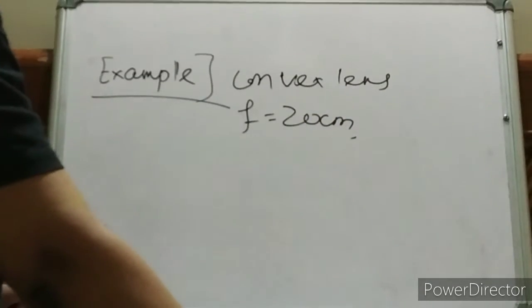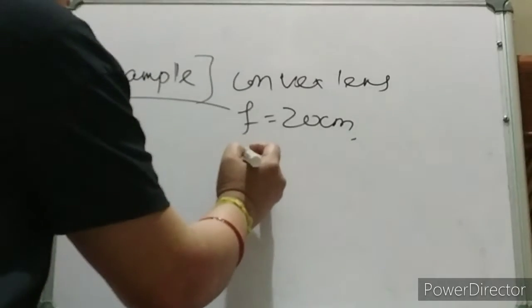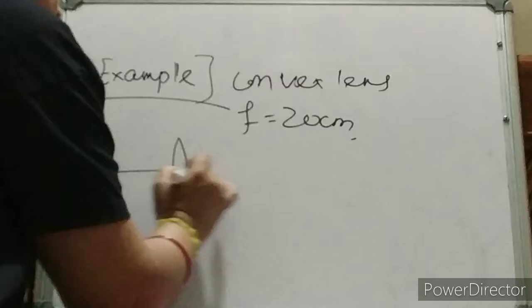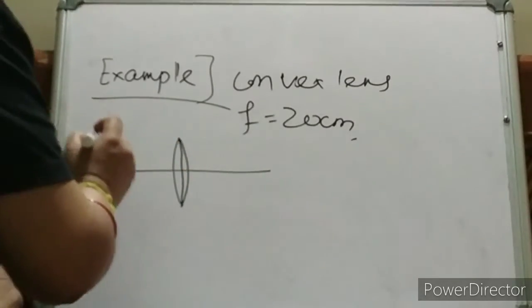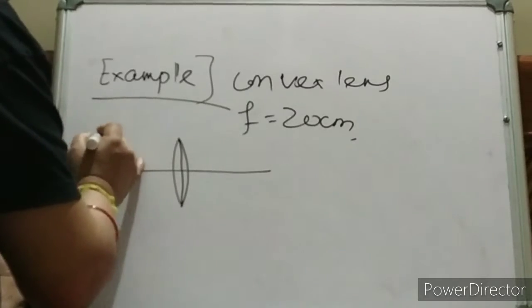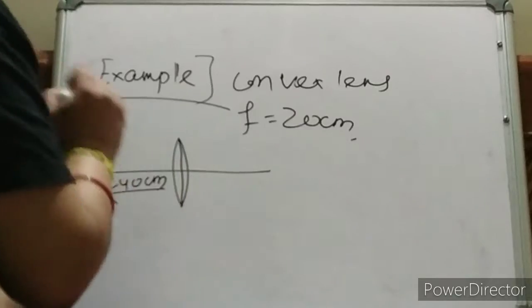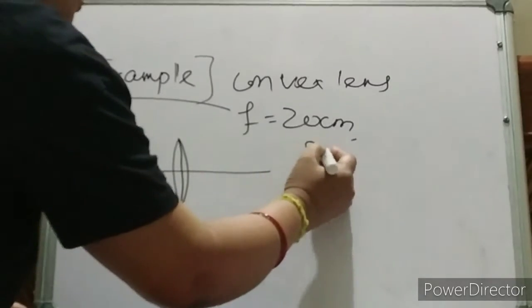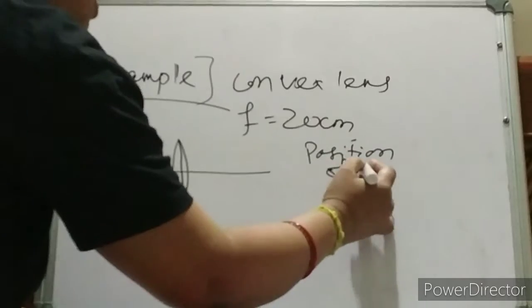An object is placed 40 centimeter from the lens. Find the position of the image.